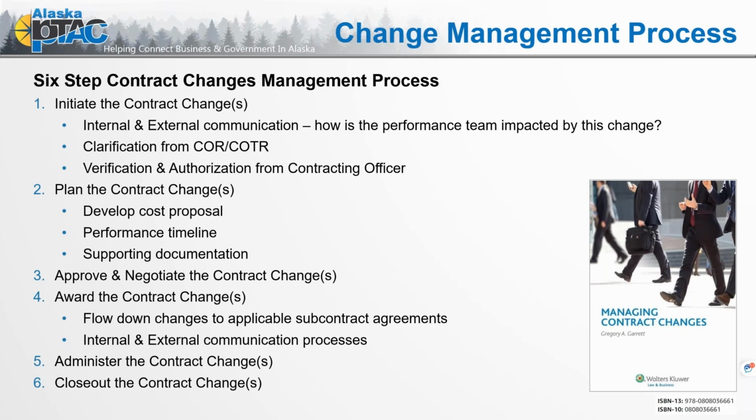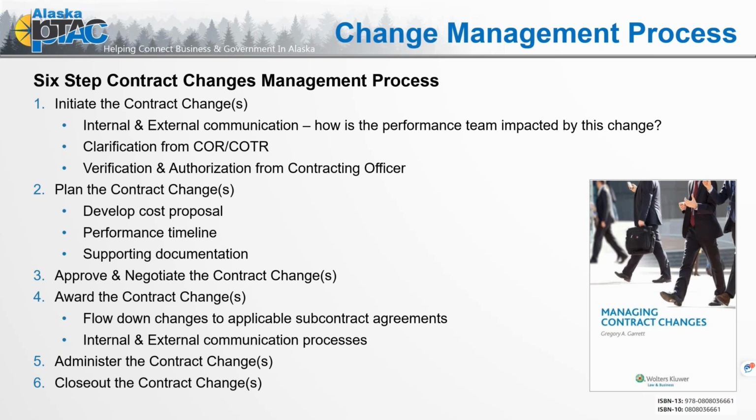Because what we want is, once that representative has confirmed, yes, this change is needed, and we notify the contracting officer, then they can have their behind the closed door conversation and discussion of costs and why that change is necessary, while you then are doing your closed door work of how much is that going to cost us, how is that going to impact our time. So which rolls into number 2, plan the change.